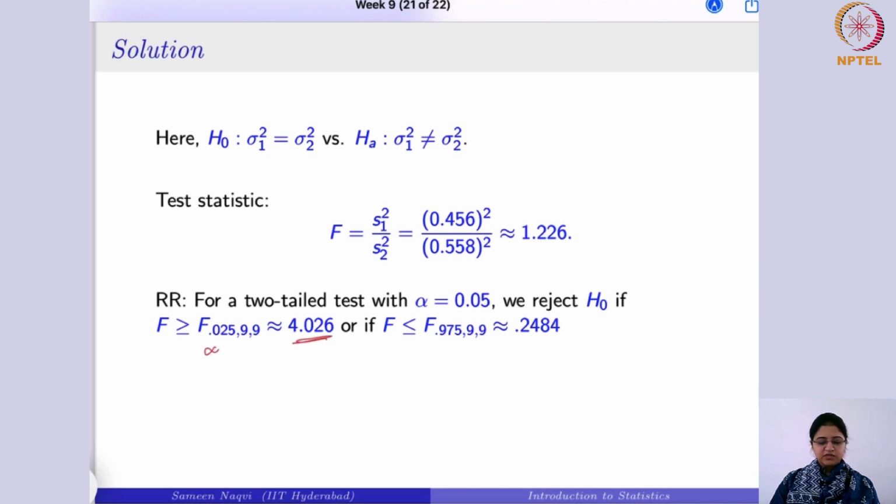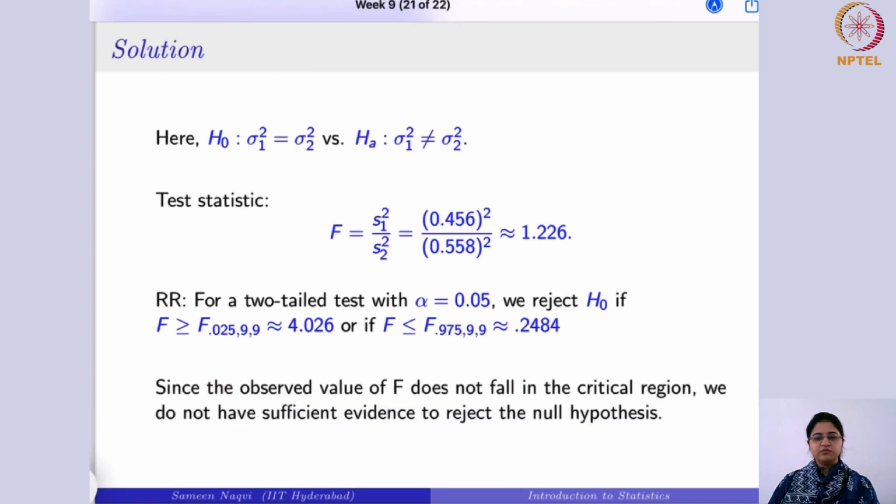This is alpha by 2 and this one is 1 minus alpha by 2. Since alpha is 0.05, alpha by 2 would be 0.025 and 1 minus alpha by 2 would be 0.975. And since the total number of observations is 10 in both cases, the degrees of freedom would be n1 minus 1 and n2 minus 1, that is 9 in each case.